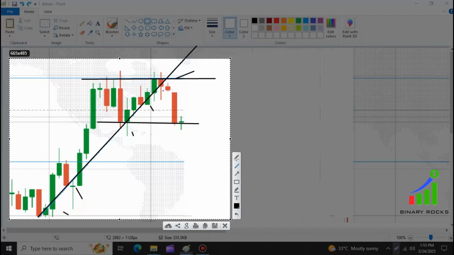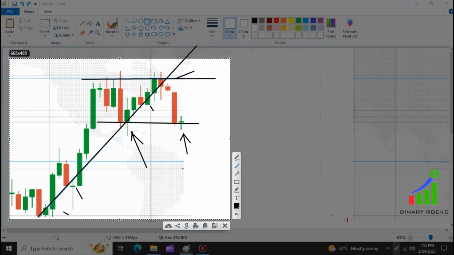Now the market has two types of trade. Can we go like this? Yes, the market may easily go like this, and it can move sideways too. Second, the market can break easily and go down too. If you notice, this is a buyer's area, but here the buyers are too weak.